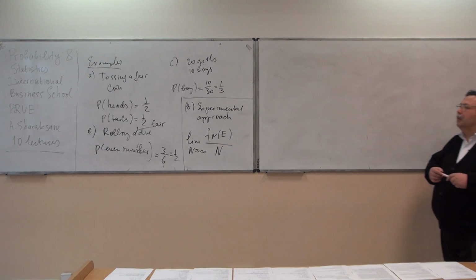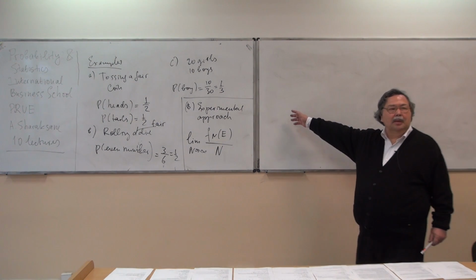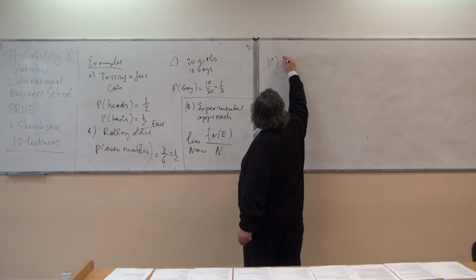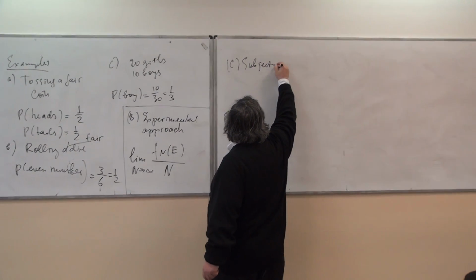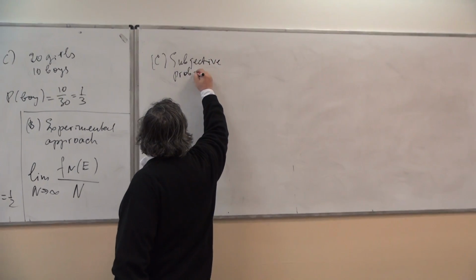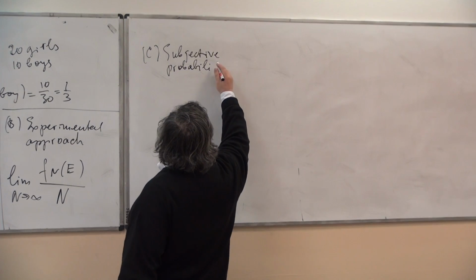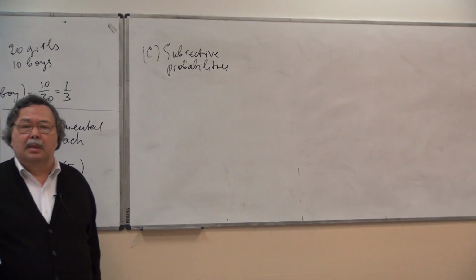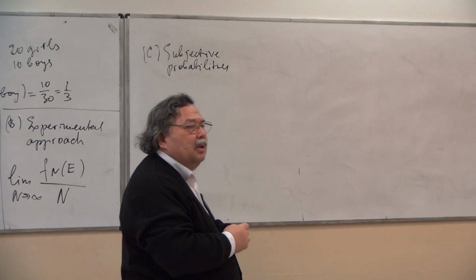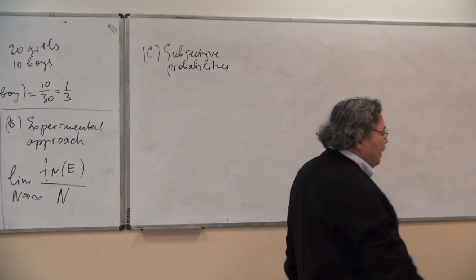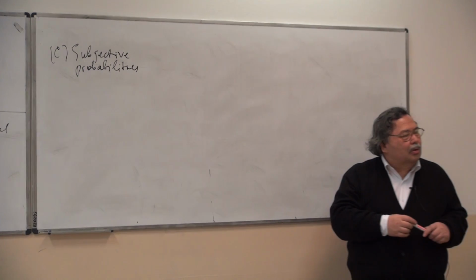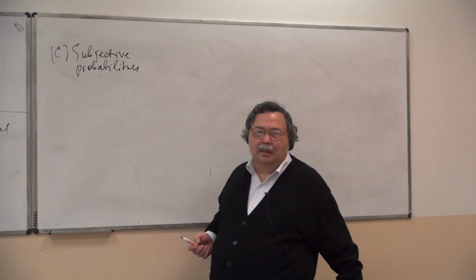Well, what can we do if the classical model doesn't work and the experimental model doesn't work either? What we're left with is subjective probabilities as given by experts. Whenever a football match or a hockey match or any other sports event takes place, bookmakers come up with certain ratios that can be used to make bets.